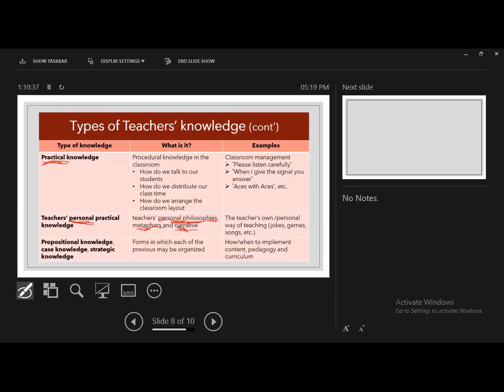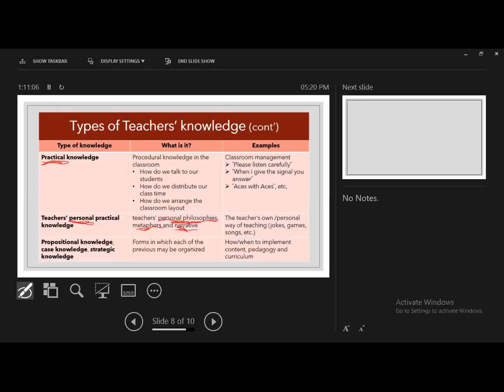So basically, this would be like the formalities, the frame in which we will place each one of the previous types of knowledge. It'll have to do, of course, with every single one of the previous ones.